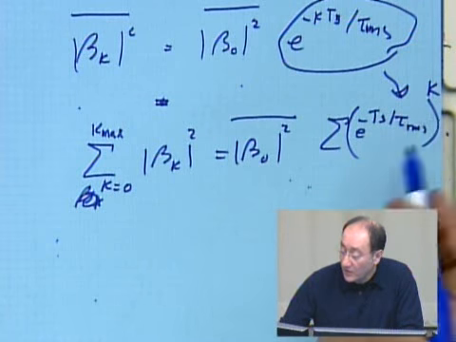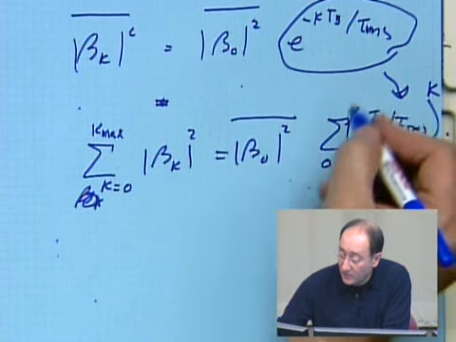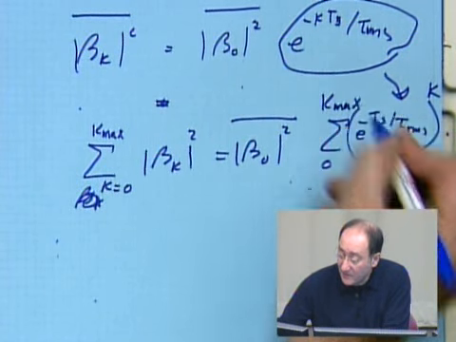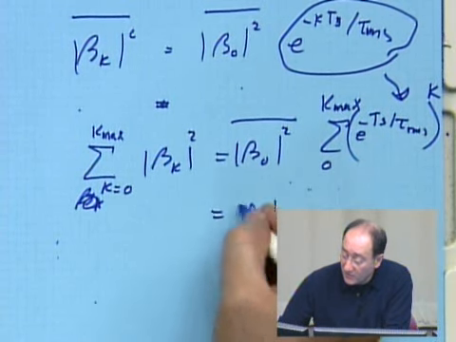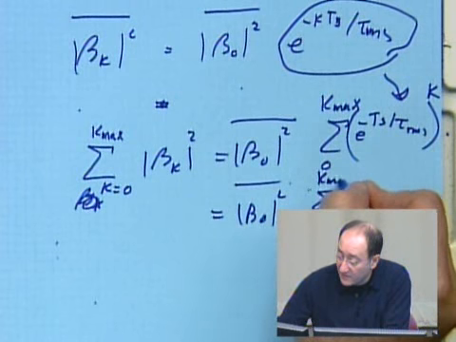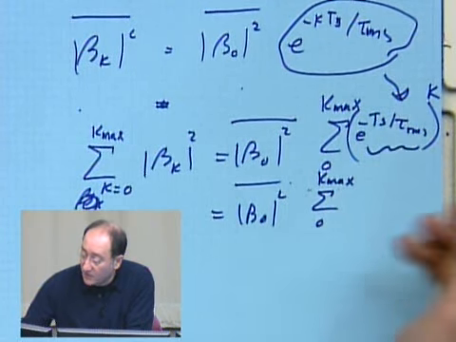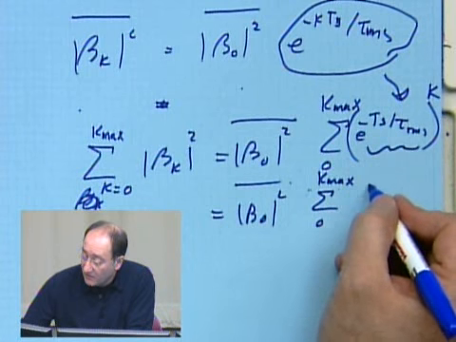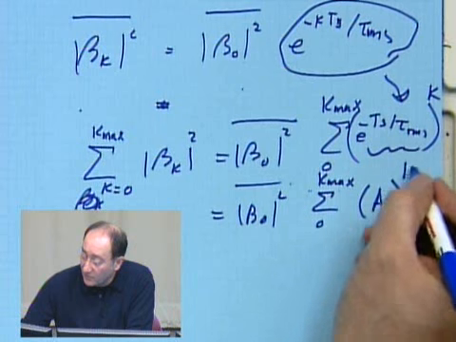Okay? So if you remember, for k equal to 0 up to k max, now I have something like beta 0 absolute value squared, sigma from 0 to k max. This thing I can call a parameter, let's say capital A, to the power of k.